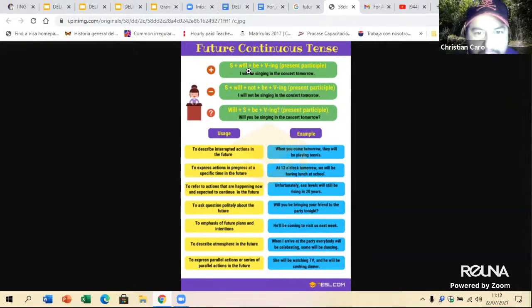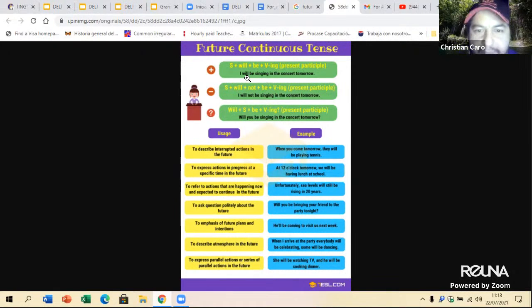Dice Future Continuous Tense. Están la estructura y los usos. Structure basically is subject plus will plus be plus ing, o más conocido en la ELEM como gerund, also known as gerund, right? Entonces, sujeto más will, más el verbo to be, más el gerundio.